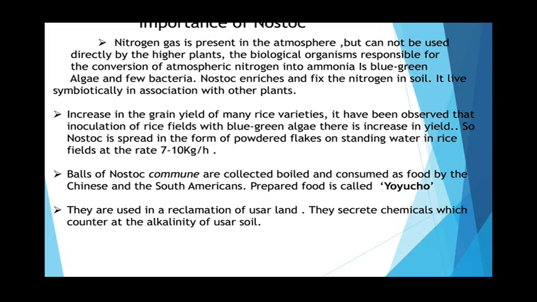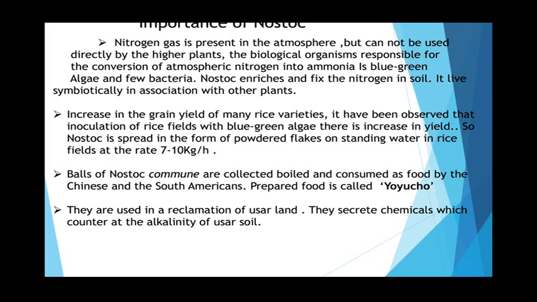Nostoc enriches and fixes the nitrogen in the soil, and it also lives symbiotically in association with other plants. Like I have already told you, they are present in the coralloid roots of Cycas and in the thallus of Anthoceros.